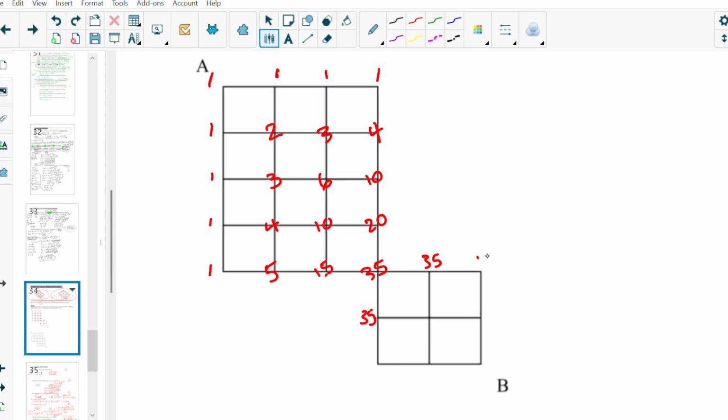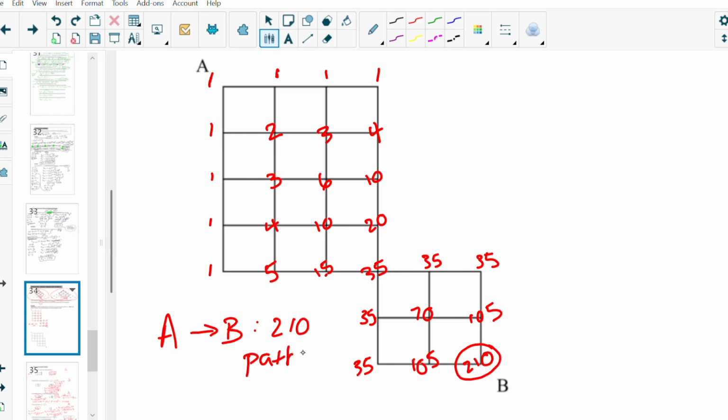Continuing, 35, 35. Okay, so that's 70. 70 and 35, 105. 35 and 70, 105. 105 and 105 is 210. Okay, to go from A to B, there are 210 possible paths.